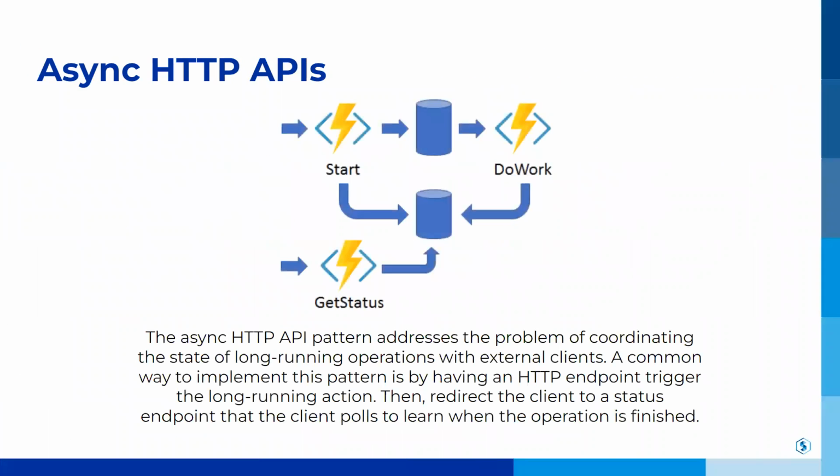The third application pattern is async HTTP APIs. So maybe your application needs to use an external API.